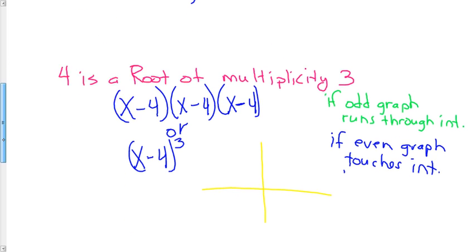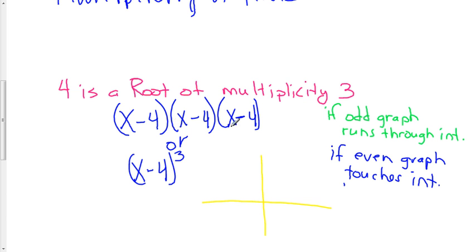Now, when you have a root that has a multiplicity of whatever, if the multiplicity is odd, the graph will run through that point. So for example, with this one, because 4 is a root 3 times, whether the graph comes down like this and goes back up, and then turns like so, it has to go through that point of 4.